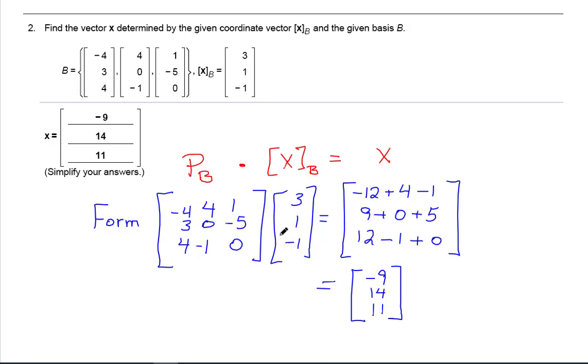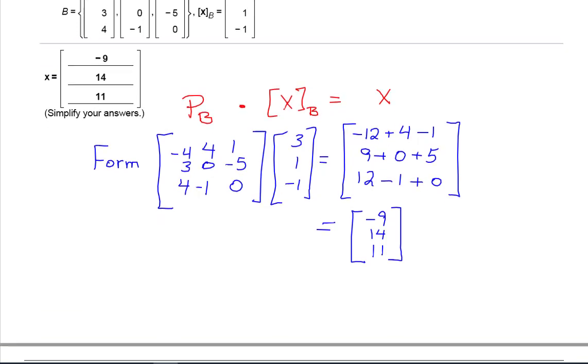We perform the multiplication, and we see that relative to the standard basis, that same vector would be represented as minus 9, 14, and 11. So different bases give us a different way to represent the same vector.